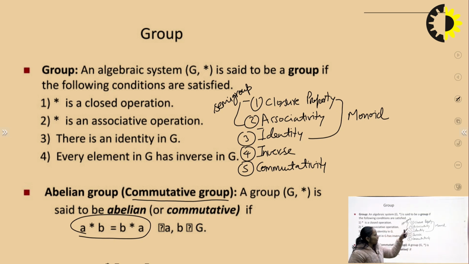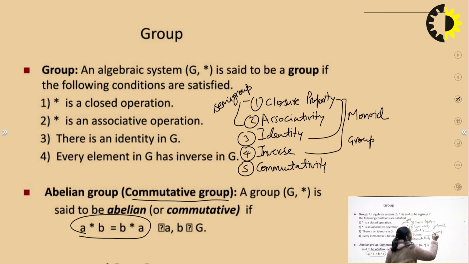If closure, associativity, identity and inverse, these four properties exist, then it is called a group. If closure, associativity, identity, inverse and commutativity, all five properties exist, then it is called an abelian group.